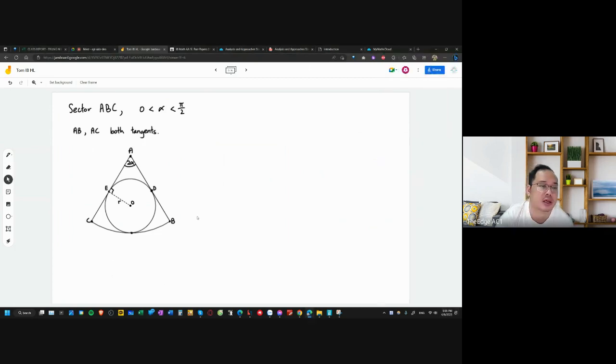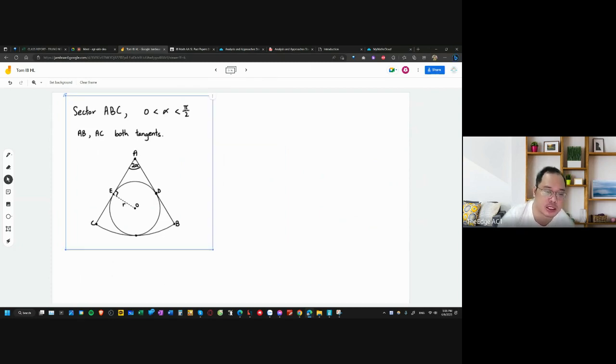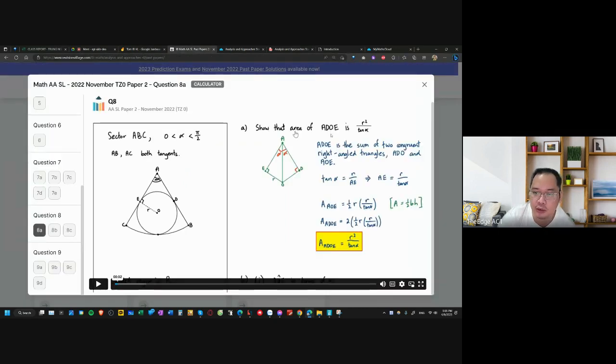Sector ABC, the angle is less than 90 degrees. AB and AC are both tangents. Show that the area of ADOE is this thing.